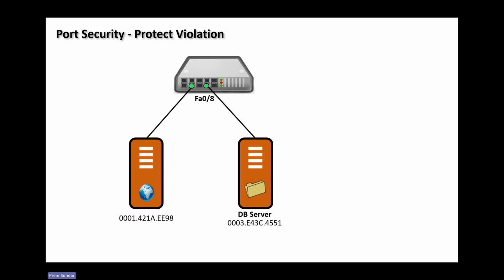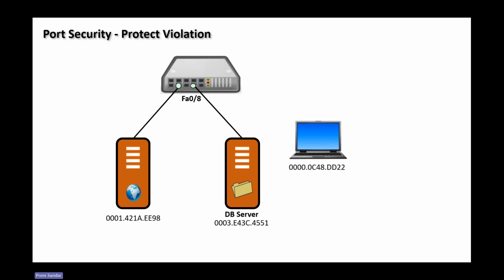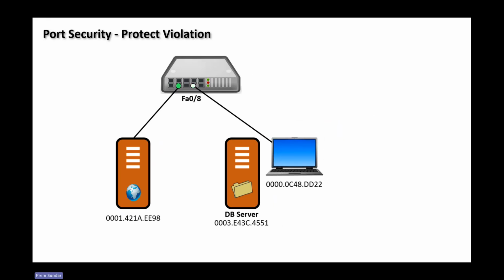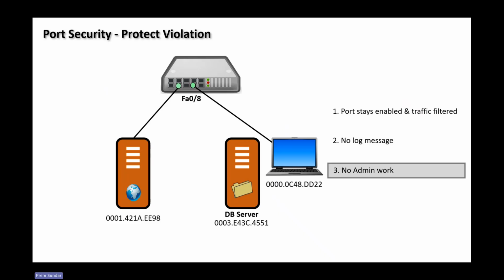If we configure the security action as protect, then the switch drops frames from unauthorized MAC addresses without generating any log messages. In this case also, the port remains in enabled state, so no administrator intervention is required.